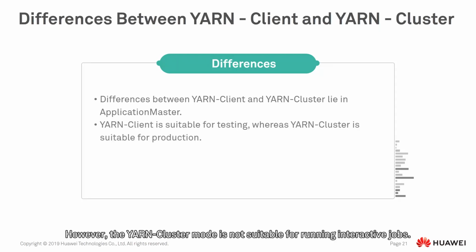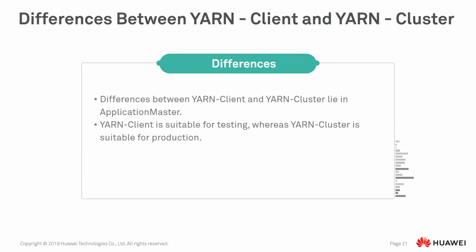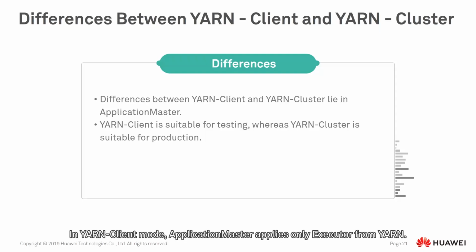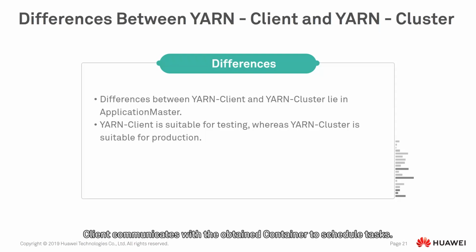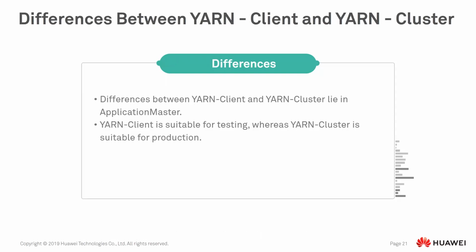However, the YARN cluster mode is not suitable for running interactive jobs. In YARN client mode, Application Master applies only for Executor from YARN. Client communicates with the obtained container to schedule tasks. Therefore, client cannot be closed.